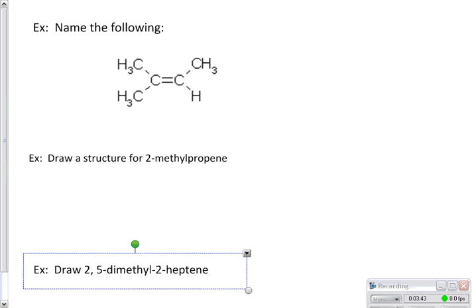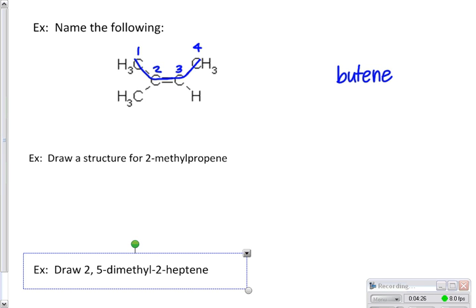Now, I have quite a few more practice problems for you to try. The next one is to name the following. Again, if you want to pause the video, try it yourself, and then check and see if you are correct. The first thing you want to do is find the longest chain of carbons that contains the double bond. You could do this chain right here, or you could have started at the bottom and worked your way up. Either way, you number these carbons 1, 2, 3, and 4. So the parent chain is a butene, and we put butene as the root name.